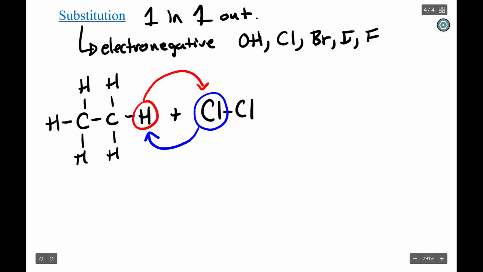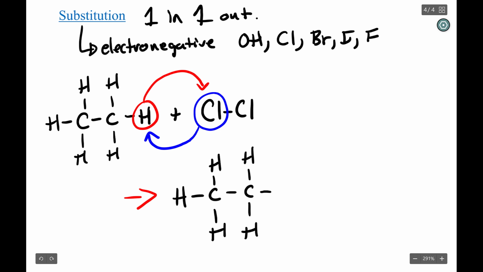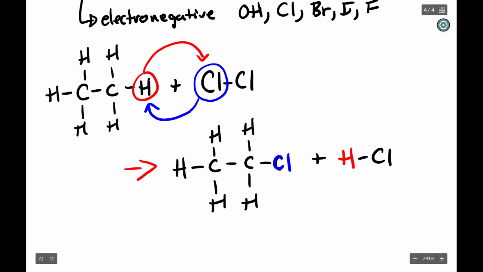And so we would produce a new alkane. This would be a halogenated hydrocarbon because it has a halogen in it now. So it would look like this. And then, of course, you would still have this small molecule, and I'll have an HCl molecule coming out. So for every one molecule of Cl2, you could substitute in one Cl atom, but never both, just one.